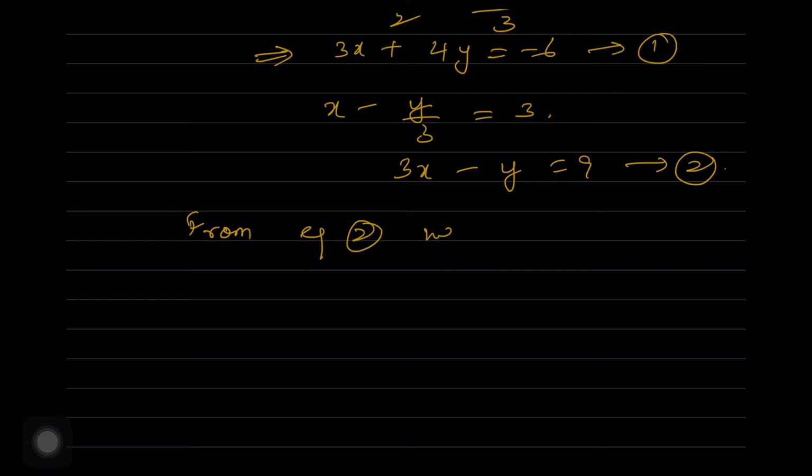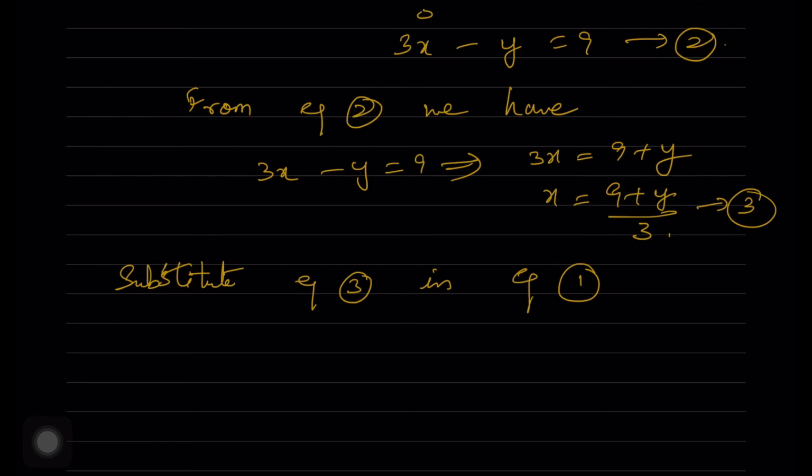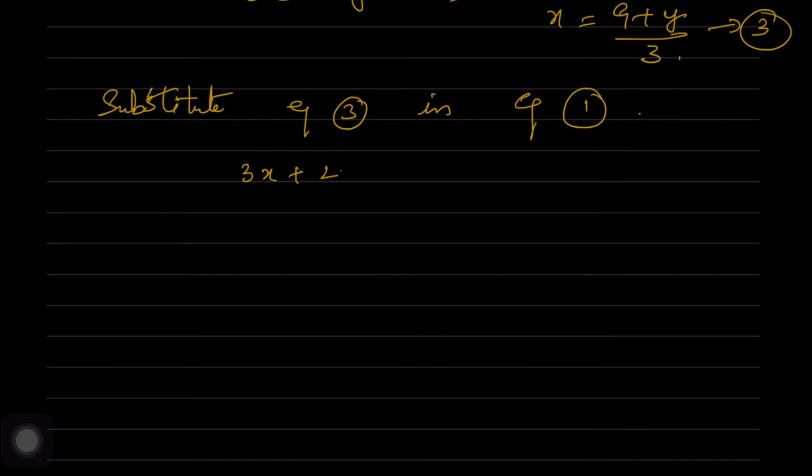Now from equation 2 we have y is equal to 3x minus 9, or x is equal to 9 plus y by 3. So we substitute equation 3 in equation 1.